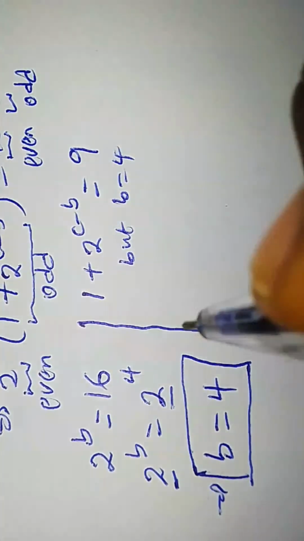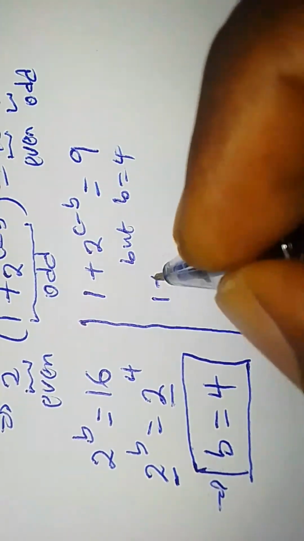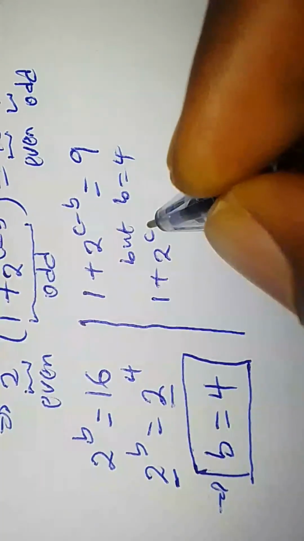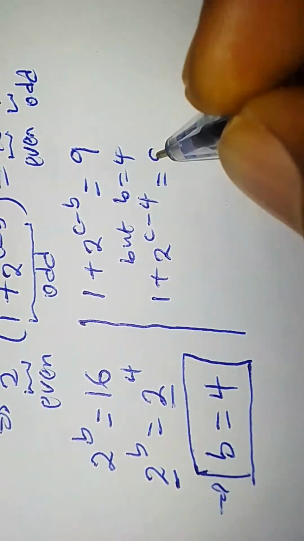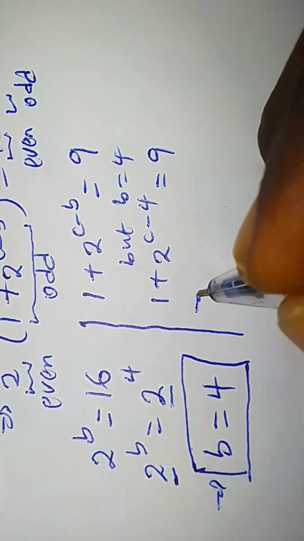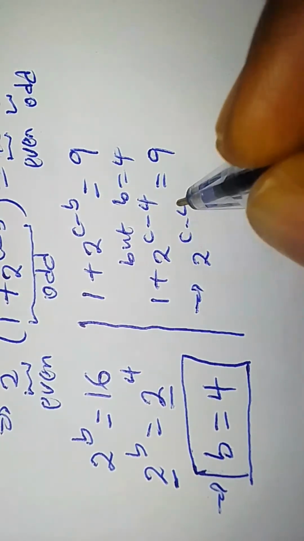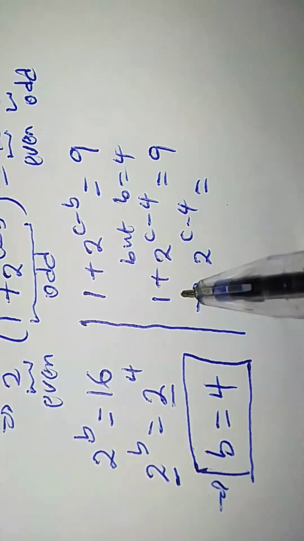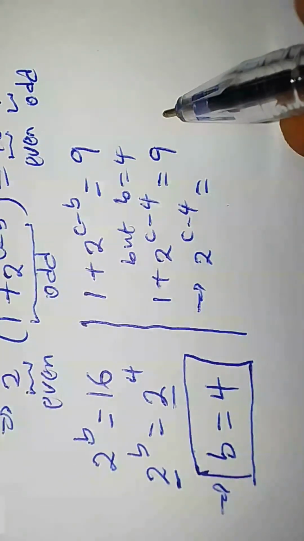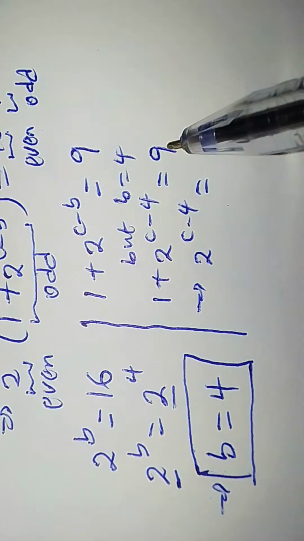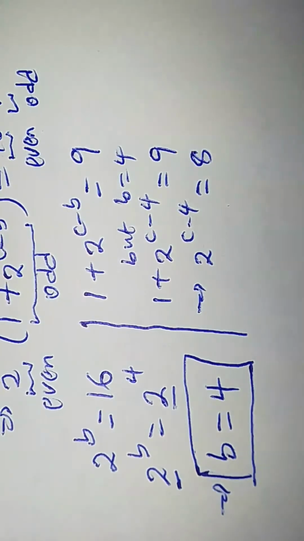So let us plug it here. So we have 1 plus 2 raised to c minus 4 equal to 9. This means that 2 raised to c minus 4 is equal to, when 1 comes to the right hand side, it becomes minus 1. So we have 9 minus 1, which is 8.